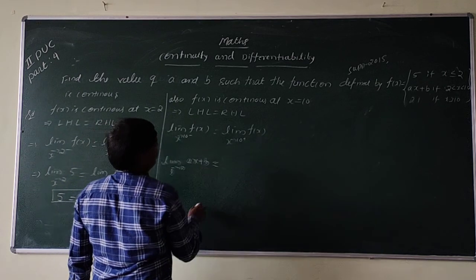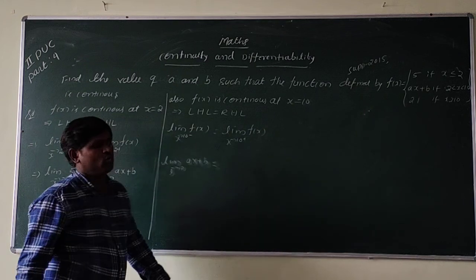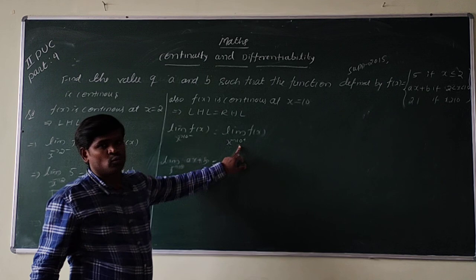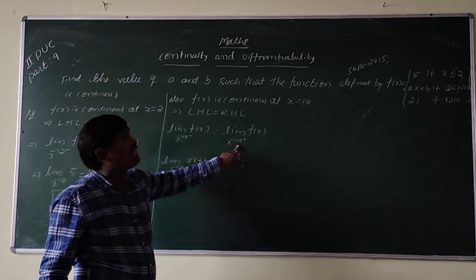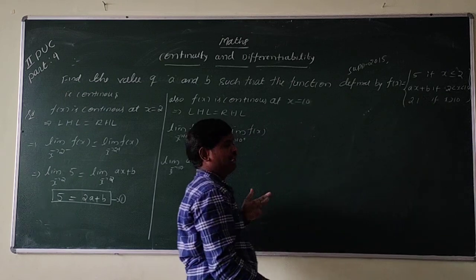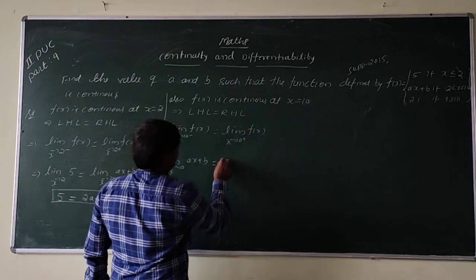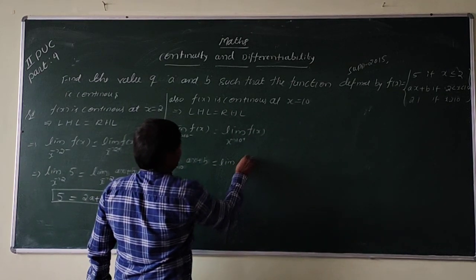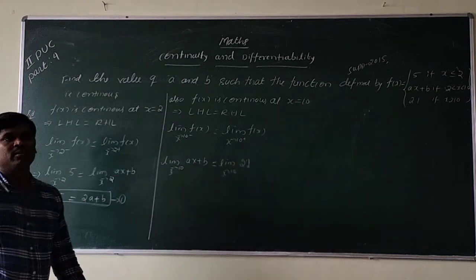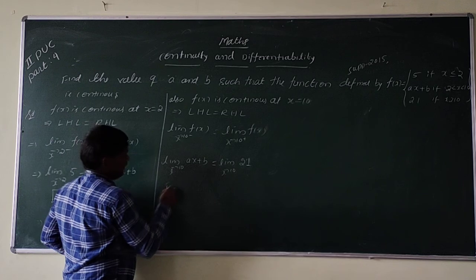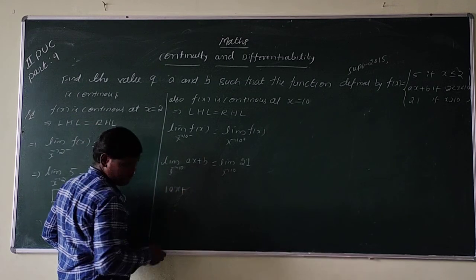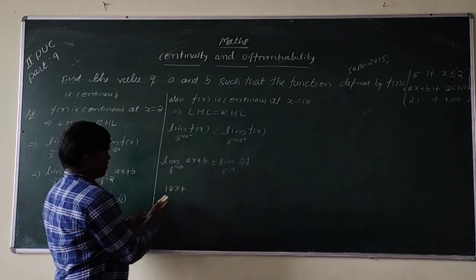This is equal to the limit as x tends to 10 plus, meaning the value of x is greater than 10. Greater than 10 means we are taking 21, so it is the limit of 21 as x tends to 10.